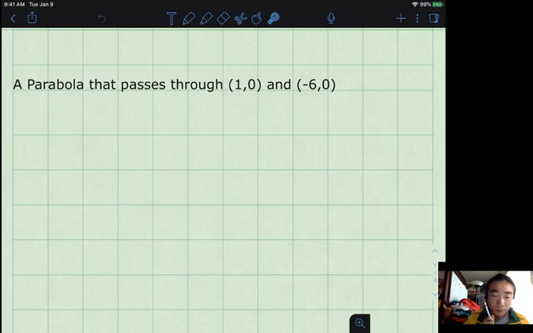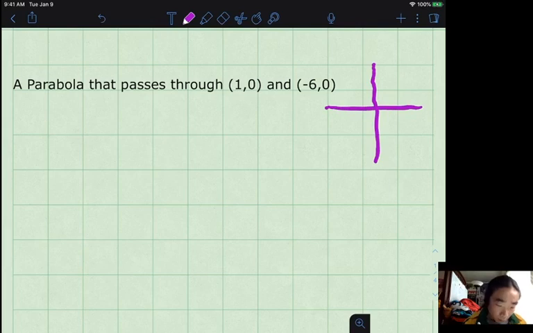Notice in this problem, both of these are x-intercepts. If I sketch my parabola, here are my x and y axes. Over here is -6, here is 1. Make my pen a bit thinner.